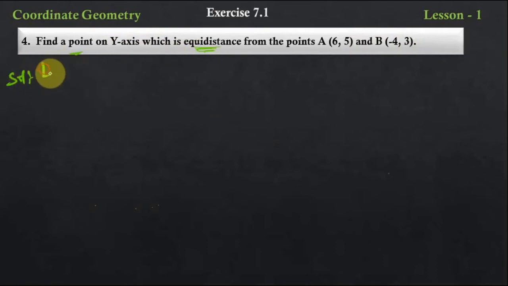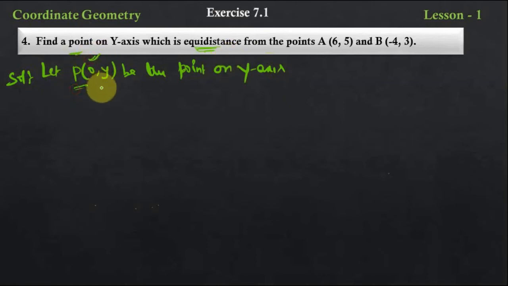So let P (0, y) be the point on the y-axis. We should assume that the point on y-axis be this one, where x coordinate will be 0. Just now I explained to you, right? This point, we need to find the y coordinate.